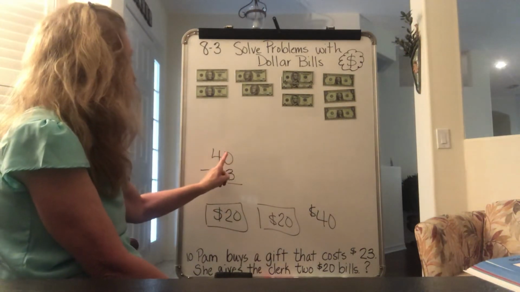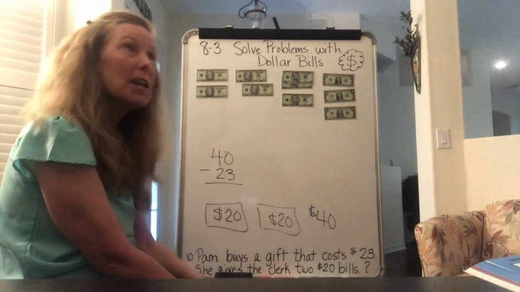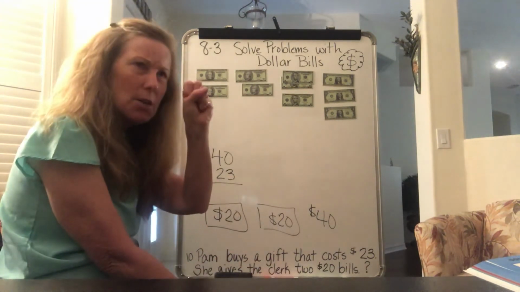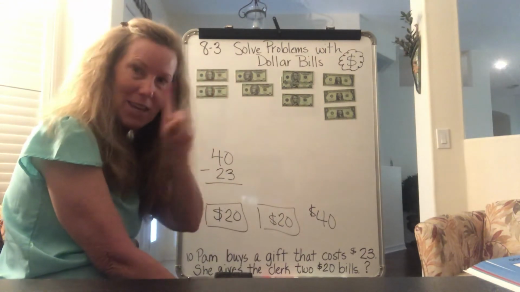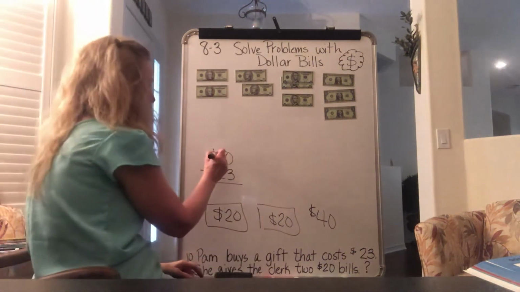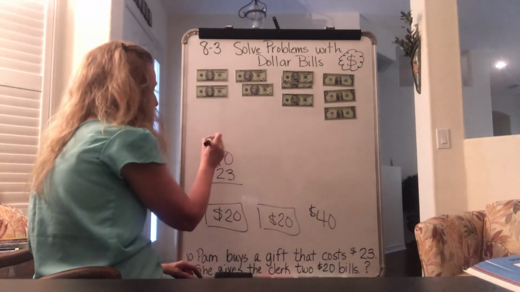So, starting in the ones place, 0 minus 3. I'm going to think about that. I have 0. I'm trying to take away, my brain says I can't do that. So I need to regroup because I need some more ones.